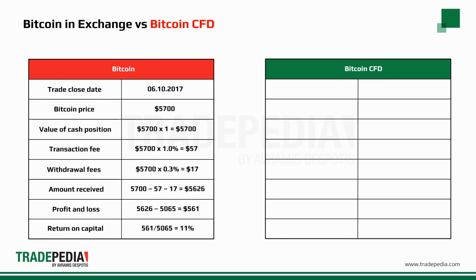Now let's look at what happens when we close the Bitcoin CFD position at the same time. The Bitcoin CFD price has also gone up to $5,700. The value of our position now equals 1 times 5,700 equals $5,700.